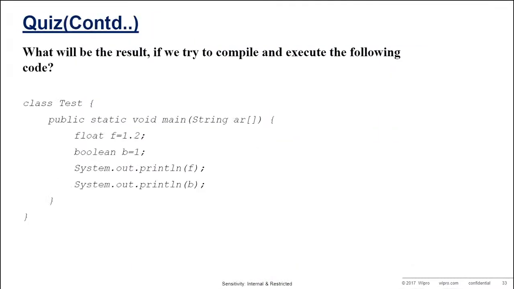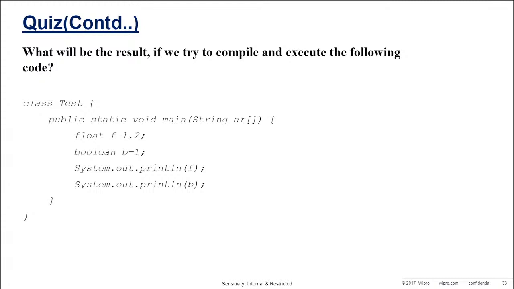And next, what will be the result if you try to compile and execute the following? Here, float f equal to 1.2. This statement will raise a compile time error, because by default in Java all the real values are double.